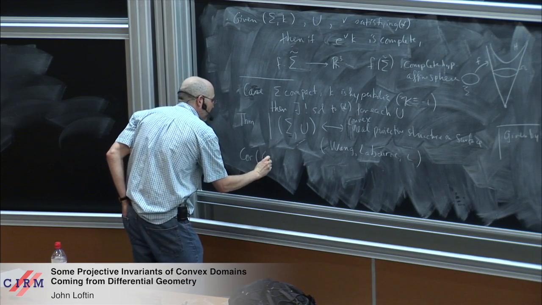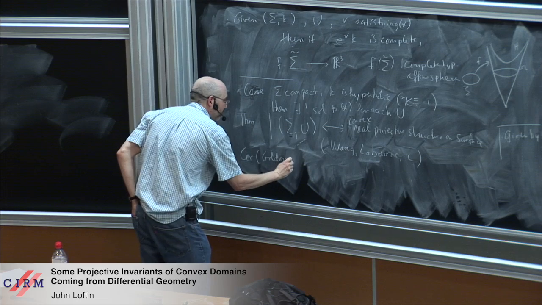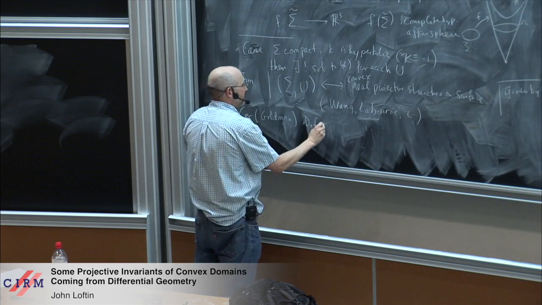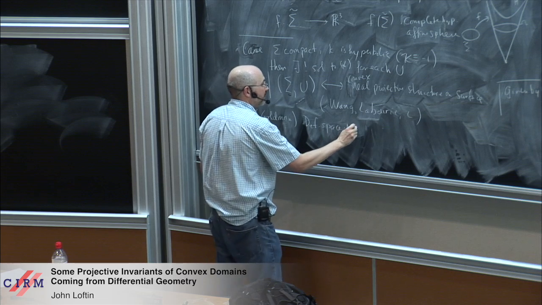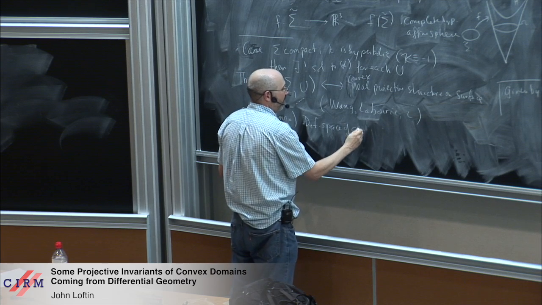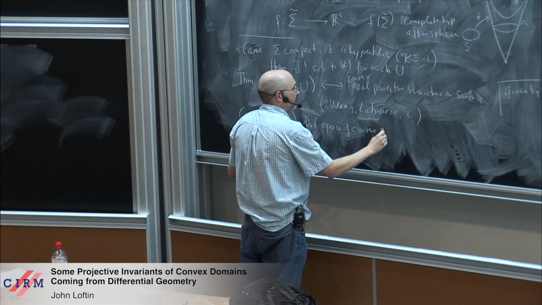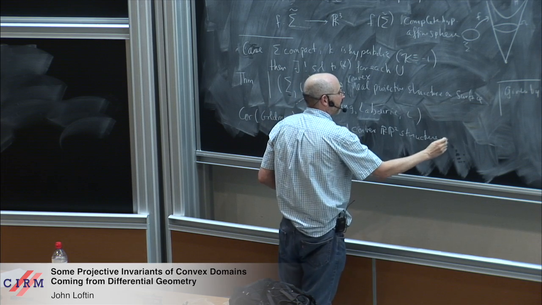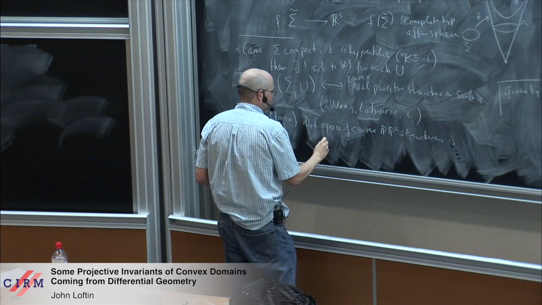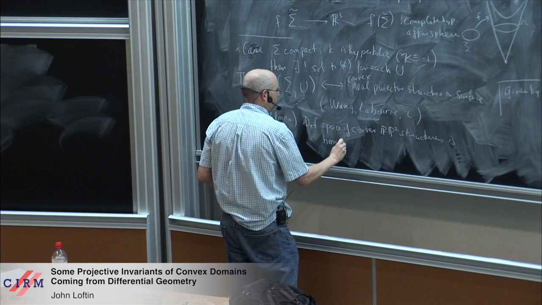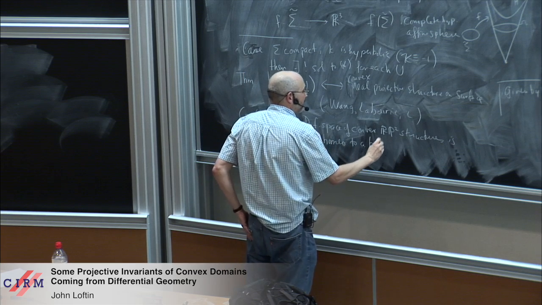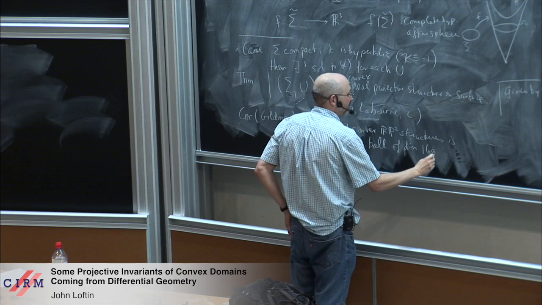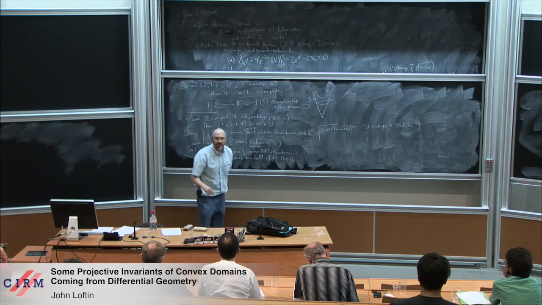Then there's a corollary, which is the theorem of Goldman, that this deformation space of convex RP2 structures is homeomorphic to a ball of dimension 16G minus 16.